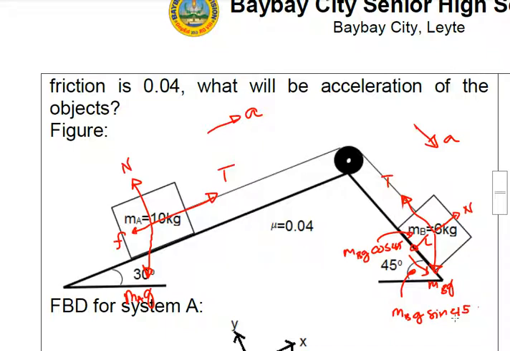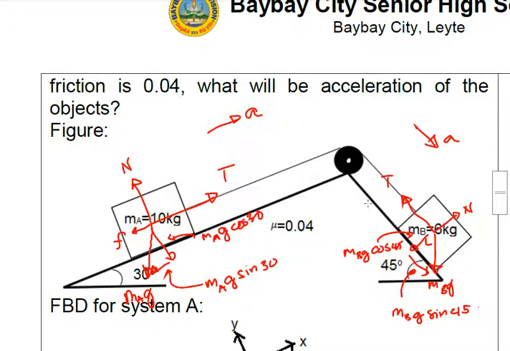So in here we may decompose the components. For this one, you have m_A g, that is cosine 30, while this part here is m_A g sine 30.